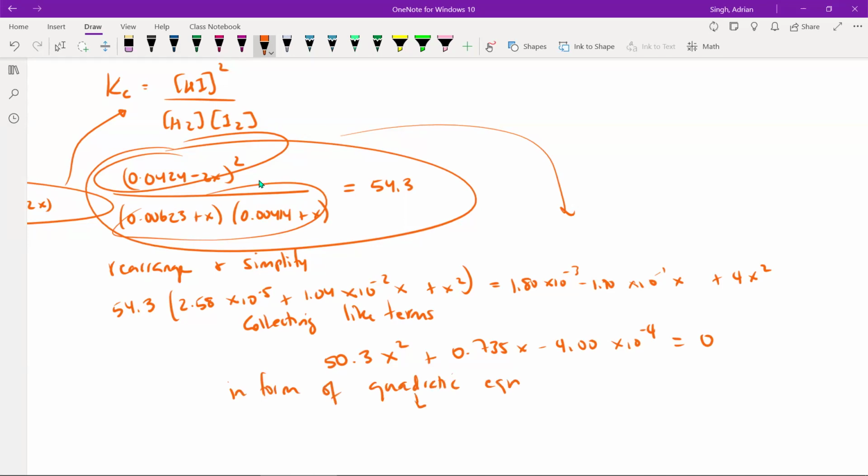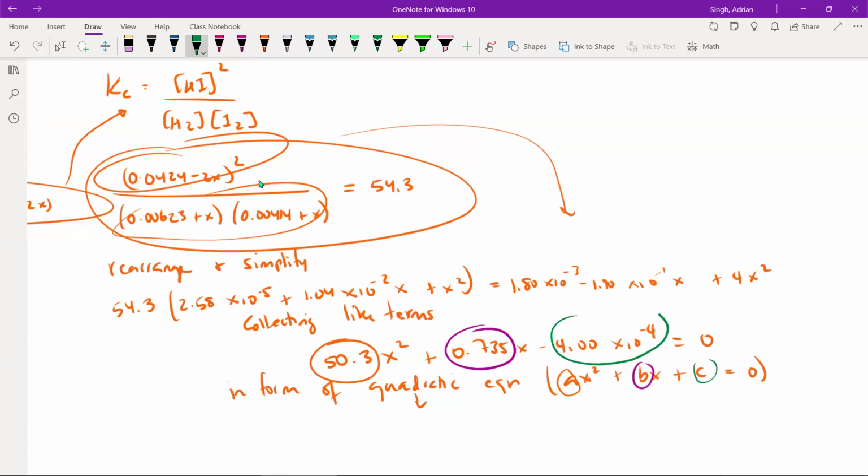Remember, in a general quadratic equation, we have ax squared plus bx plus c is equal to 0. Okay, so a here is the 50.3, b is the 0.735, and then c, right, is this entire thing.